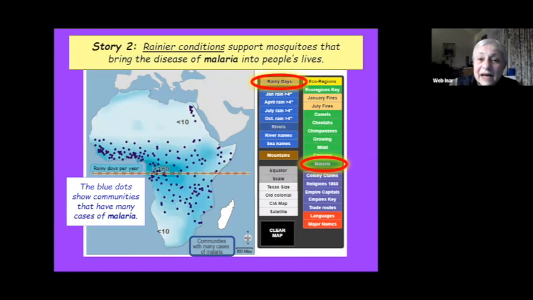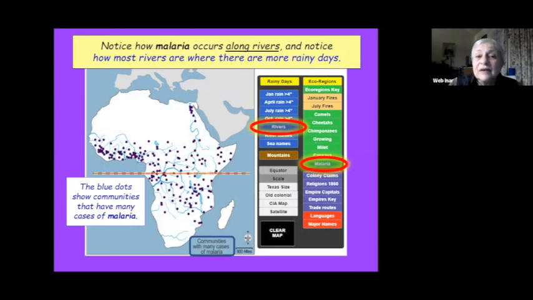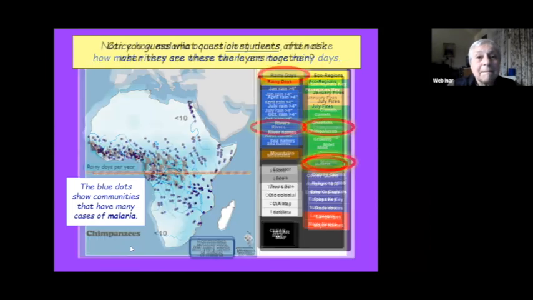If we go back, malaria would seem to be in the rainier parts of Africa, or if it's not so rainy in North Africa, but you have a river that is flowing out of the rainy part of Africa, we have malaria in places that are wetter or have lots of rain.